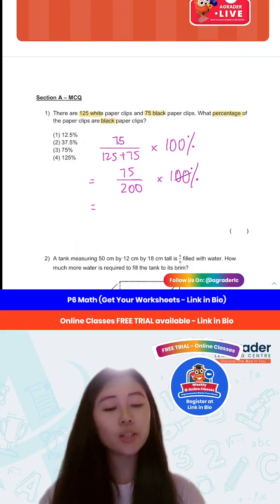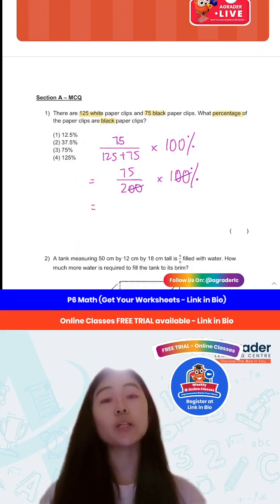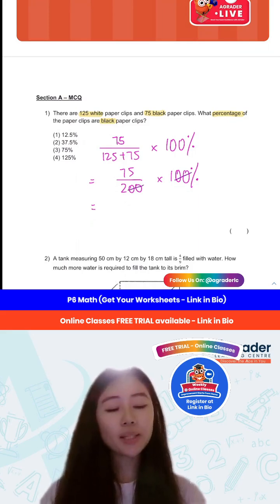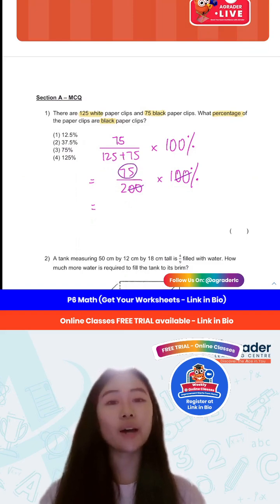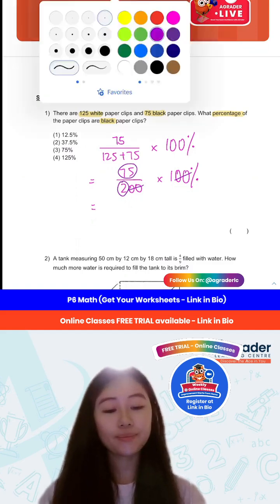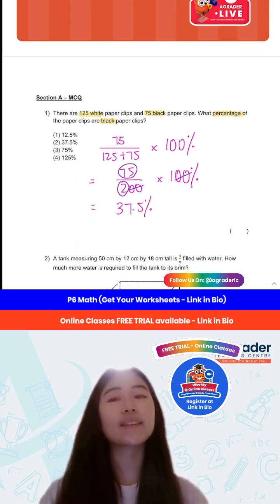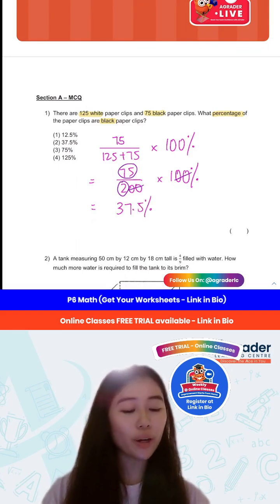Cancel the 0 from the 100. You can also cancel the 0 from the 200. So you just need to use 75 divide by 2 to get the final answer. So this one should be 37.5%. I think all of you are correct. All of you said option 2, right?